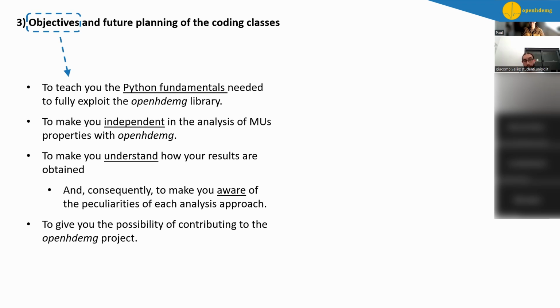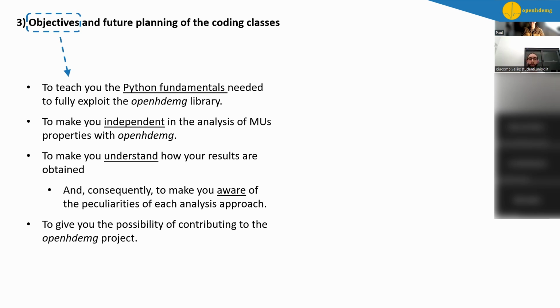And I think this is a very important point. We want to make you also understand how the results that you see by calling a function, using the graphical interface and so on are obtained. Because when you know how results are obtained, you can be much more aware of the peculiarities of your approach, and you can have a much better and more robust interpretation of your data, okay?